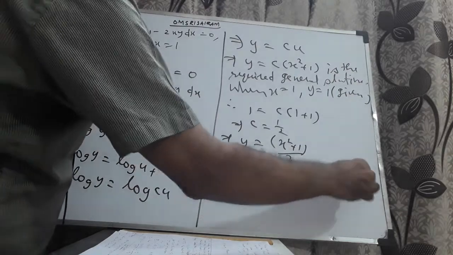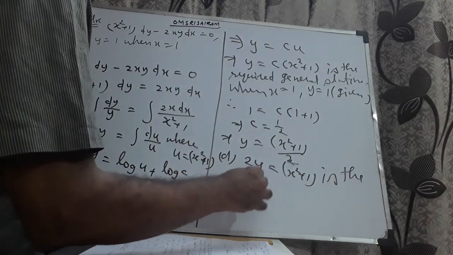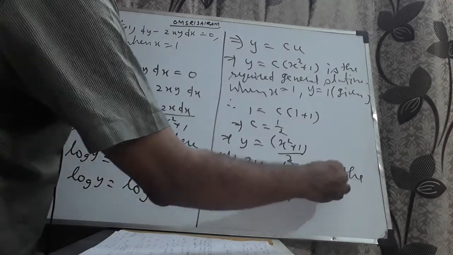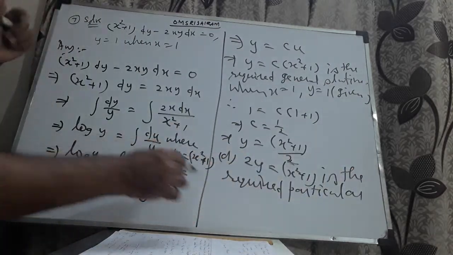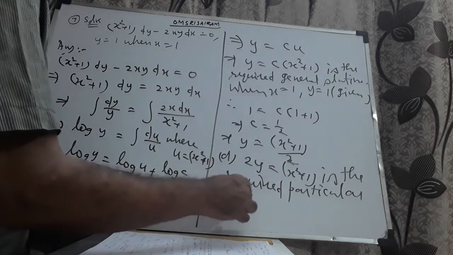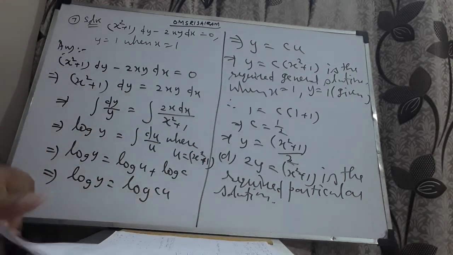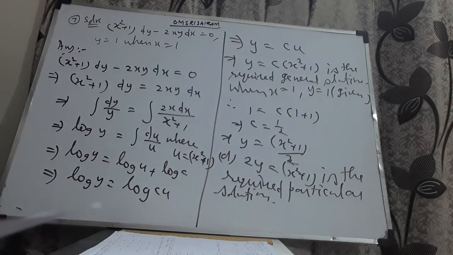This is the required particular solution. Once you are able to get the particular value for c, it is called the particular solution.